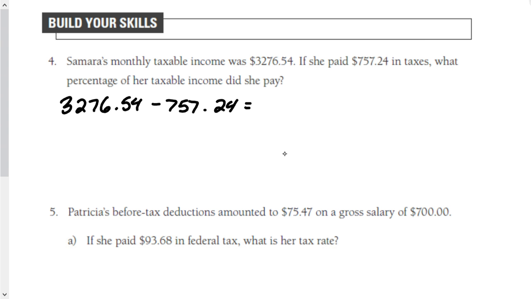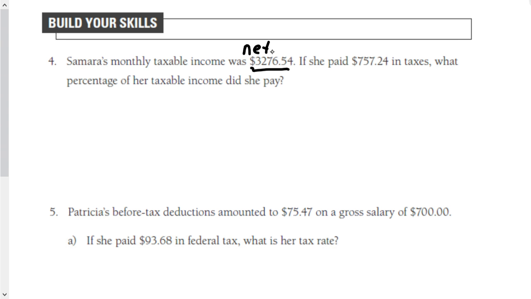Wait a second. So this is the taxable income, and that's how much she paid in taxes. We just need to figure out the division statement because this is not her gross income, but this is the net, and this is the deductions. So you should just be able to set that up.